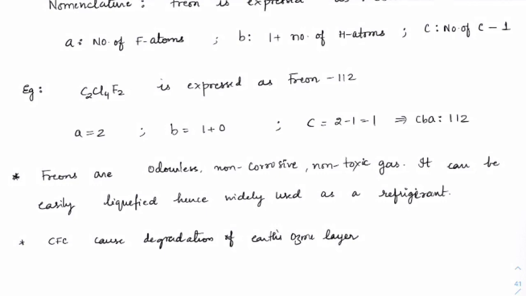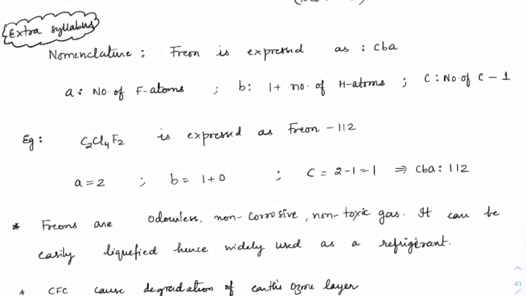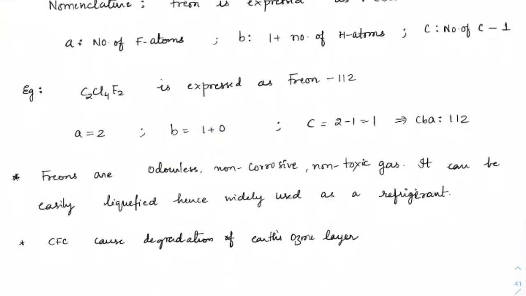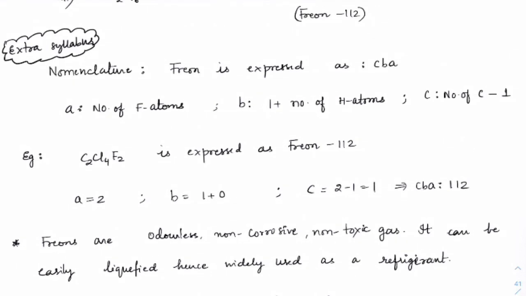CFCs usually deplete the ozone layer, so excessive use of chlorofluorocarbons is also banned. This is how much information you need to know about freons. In NCERT just 2 lines are given, so I guess you can judge how important it is. Just go through this text, that should be sufficient.